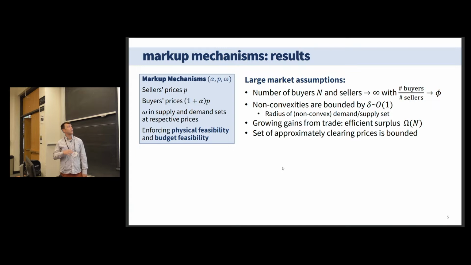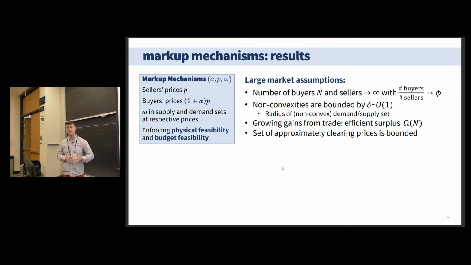So our first results are about the markup mechanisms. And we're going to make some assumptions. We're going to be looking at these mechanisms in large markets in which the number of buyers is growing to infinity and the number of sellers. We're going to assume that the non-convexities are bounded as the market gets larger. In other words, the demand and supply sets, which may be non-convex in this setting, any holes in them have a bounded radius.